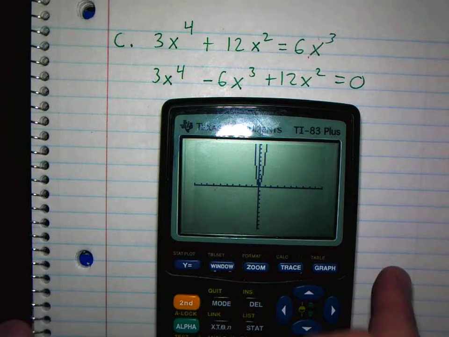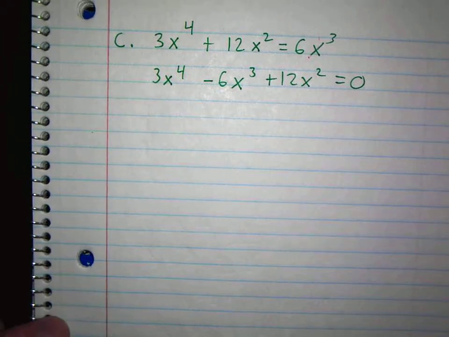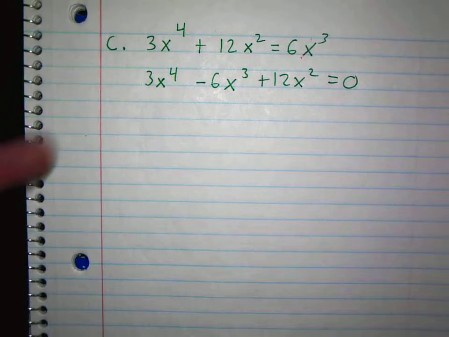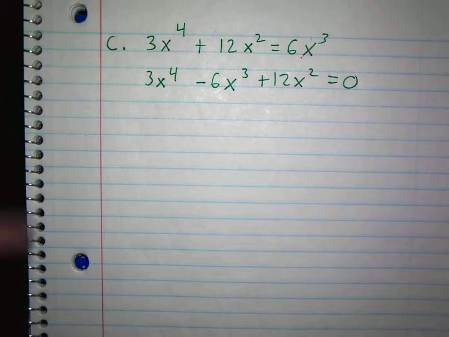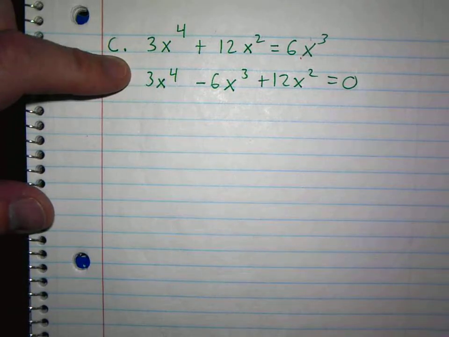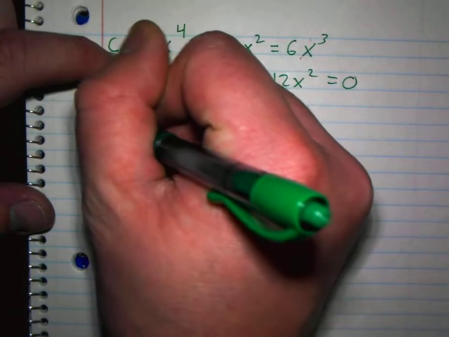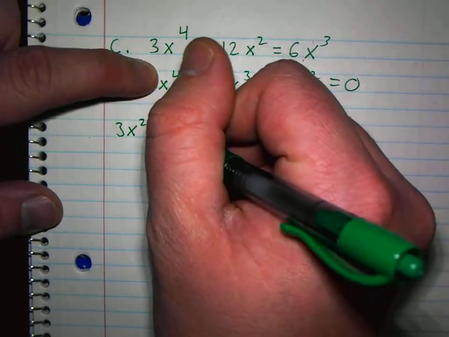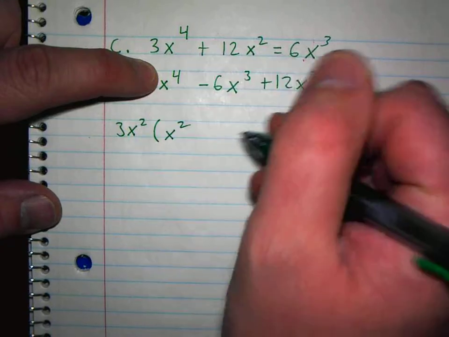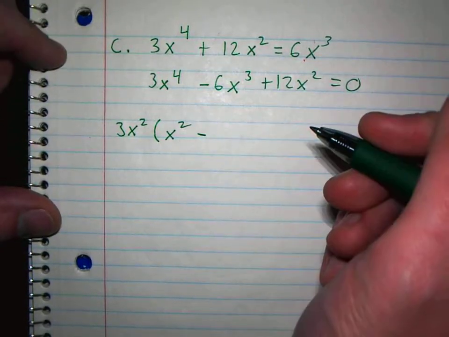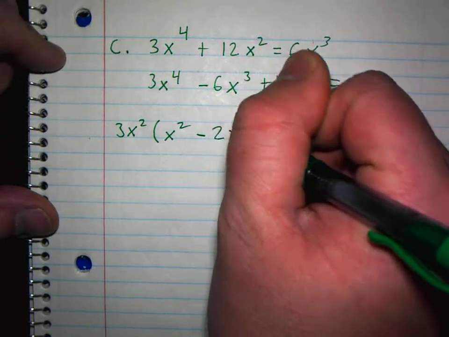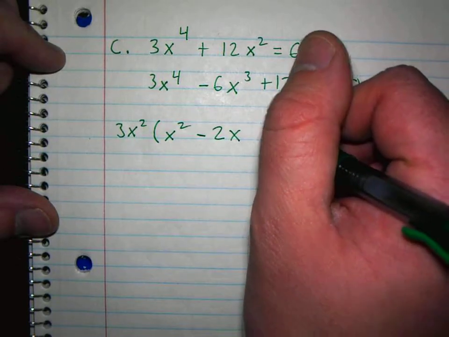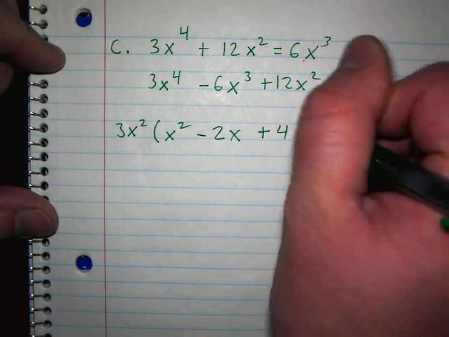Okay? So the first thing we're going to do is find a GCF. What's a GCF? 3x squared. Leaves x squared minus 2x plus 4 equals 0.